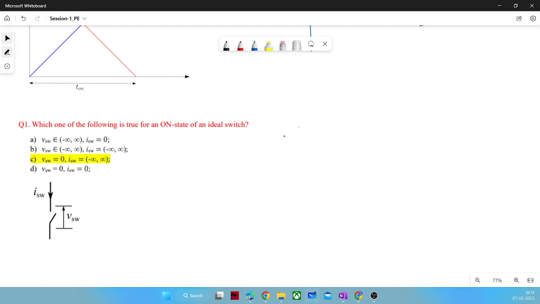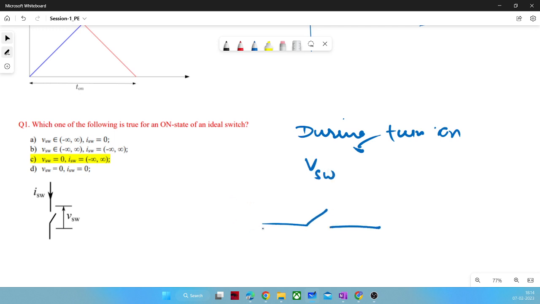The professor tried to explain in his very first lecture that during the turned on state, if any switch is there, let's suppose with terminal 1 and terminal 2, the voltage and current direction we can assume as bidirectional.